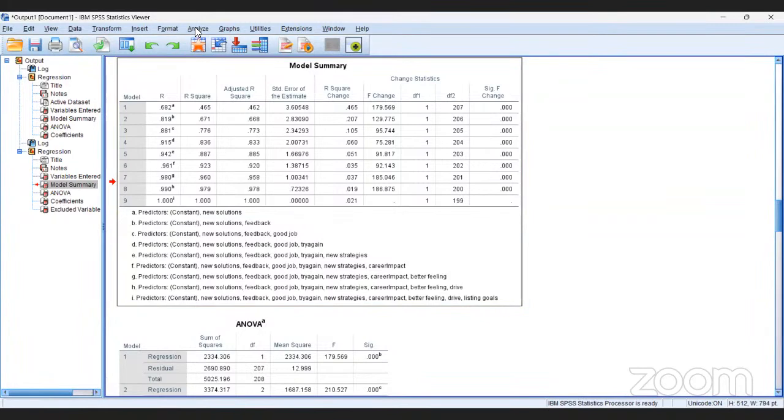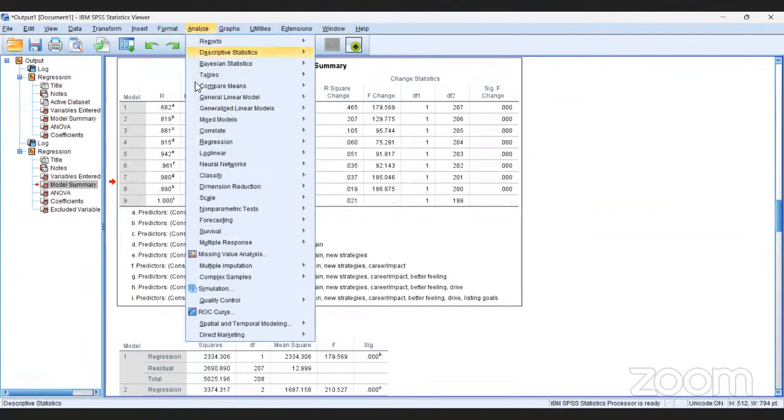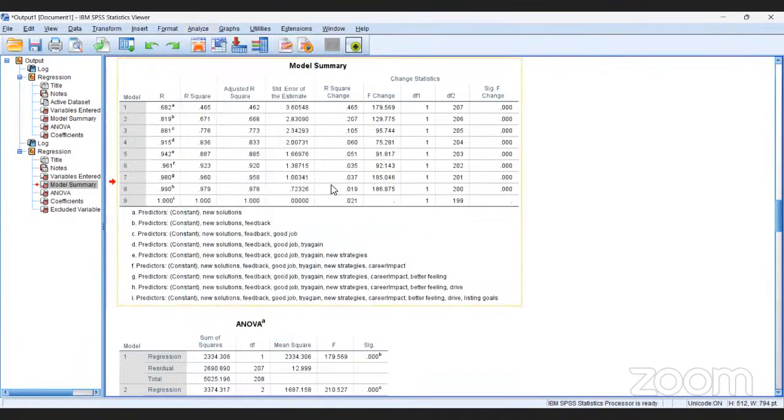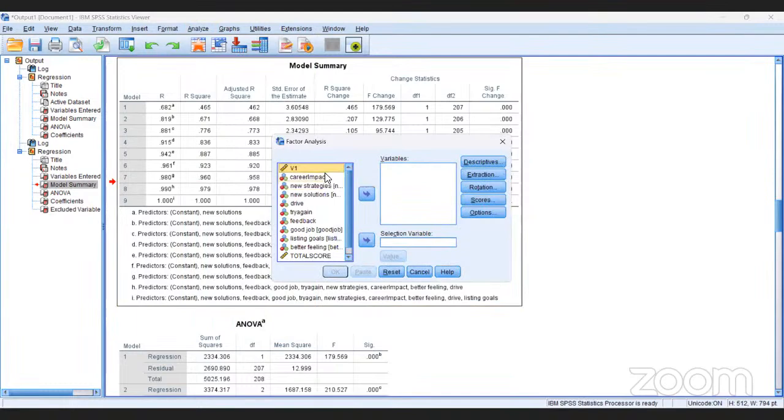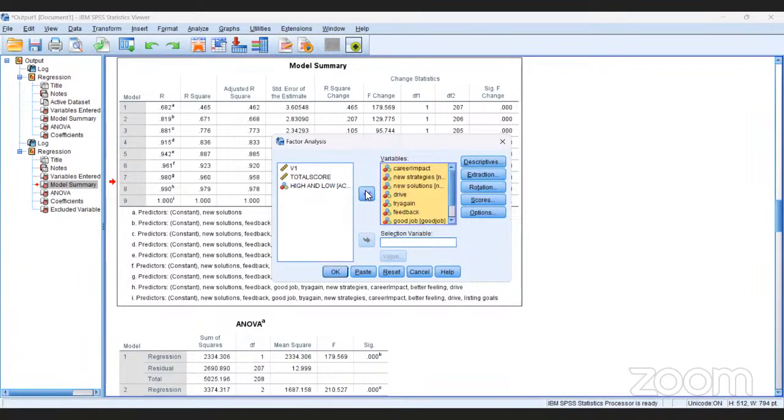And for that reason, we can do the dimension reduction, that is the factor analysis. Then we can do this thing. And there is a rotation.